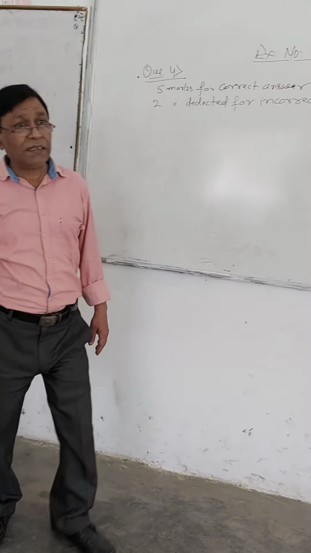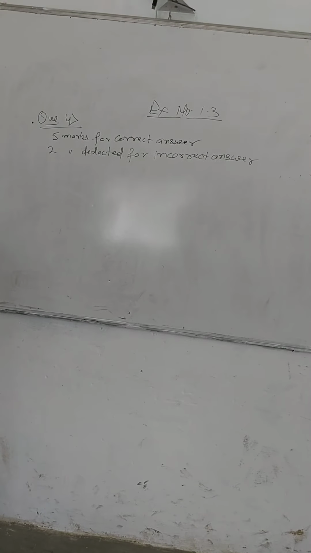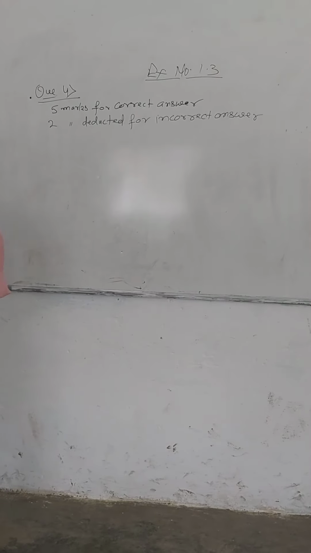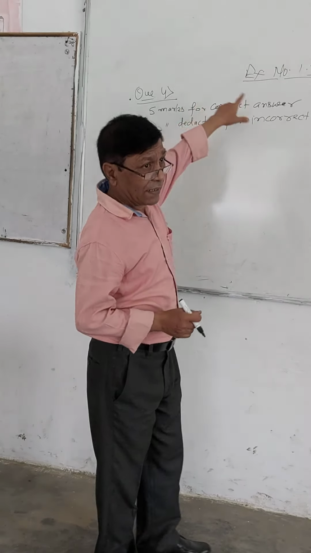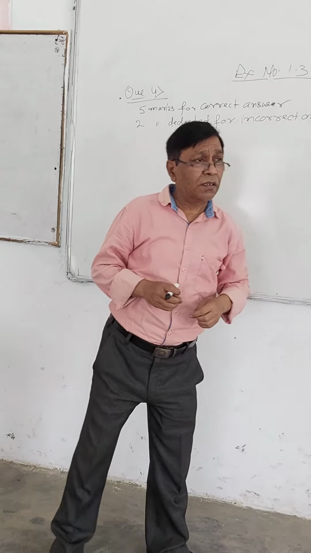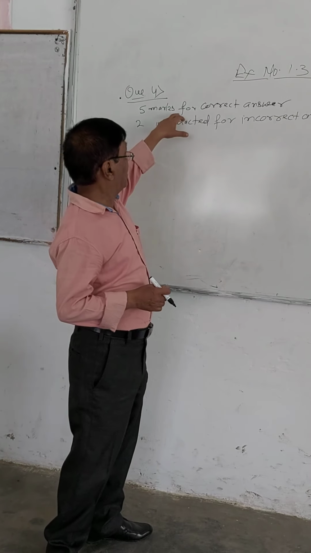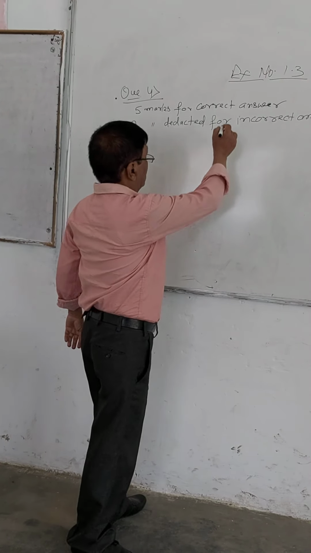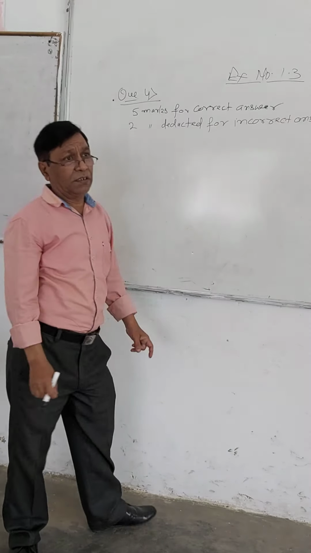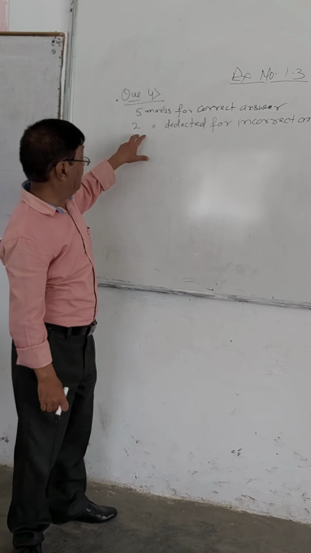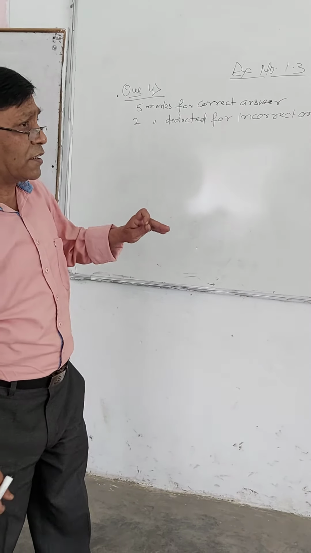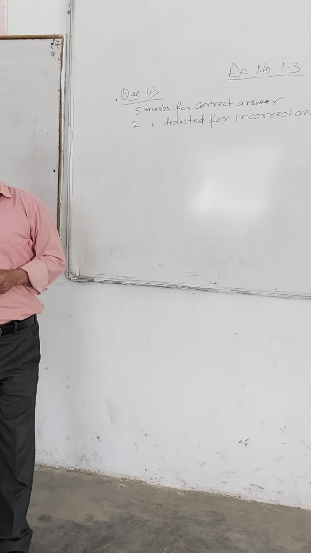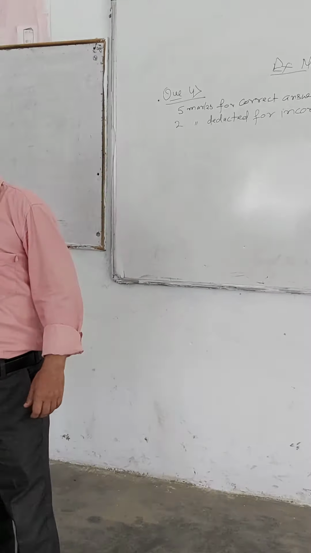So what is there in an examination? 5 marks will be awarded for the correct answer. Whatever the student has done correctly, he will get 5 marks for each question. And if he makes any mistake, 2 marks will be deducted for each incorrect answer.